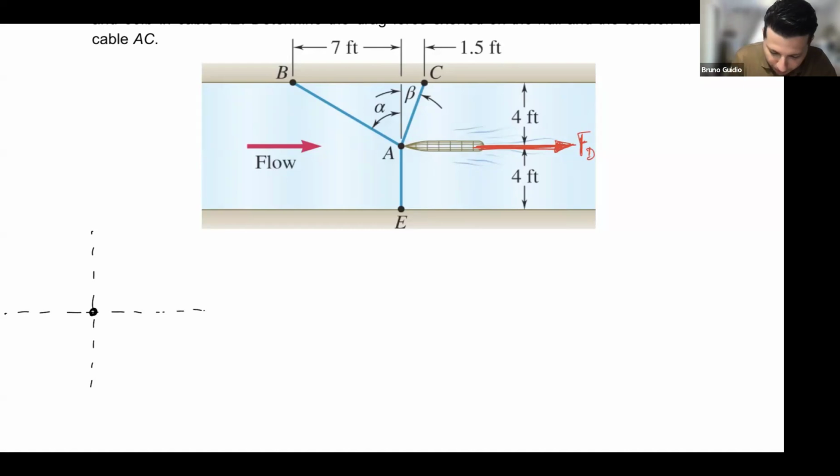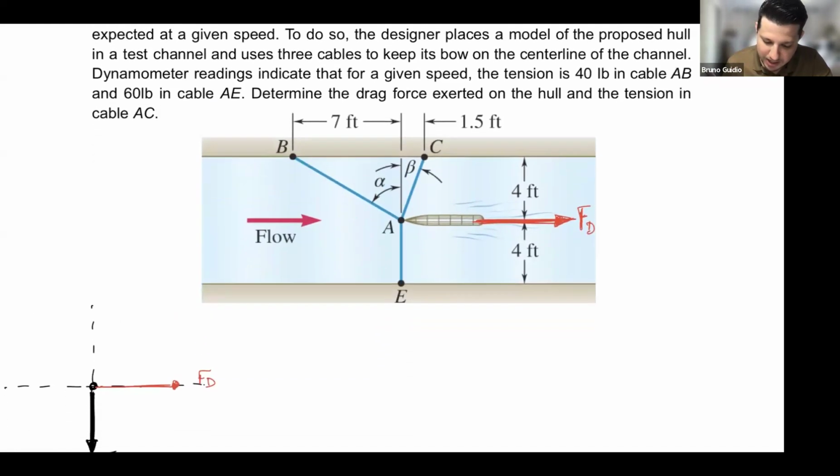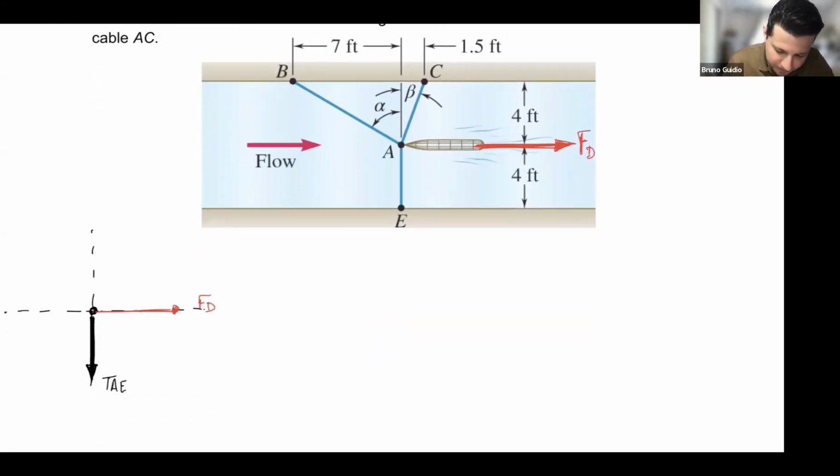Free body diagram. Let me already start with FD. We know that's right here, FD. Let's start with this one here as well, AE, because it's already on the y-axis. And this is TAE, and it was given to us: tension TAE is 60 pounds.